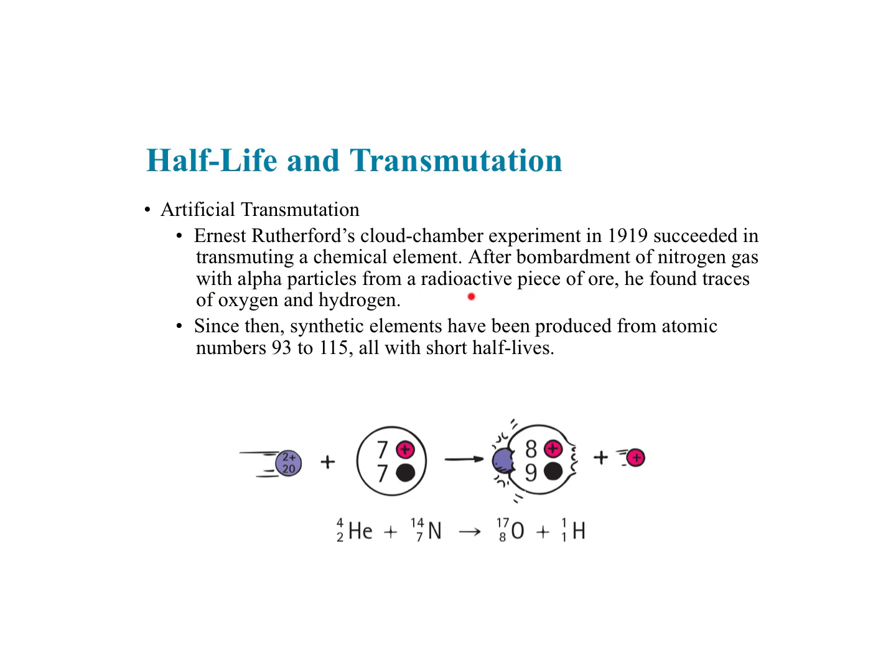Basically, he had a radioactive material that emitted alpha particles, and he set it next to a container of nitrogen gas. What he found is, as those alpha particles entered the nitrogen gas, they interacted with the nitrogen and caused it to undergo a process by which it radioactively decayed and transformed itself.